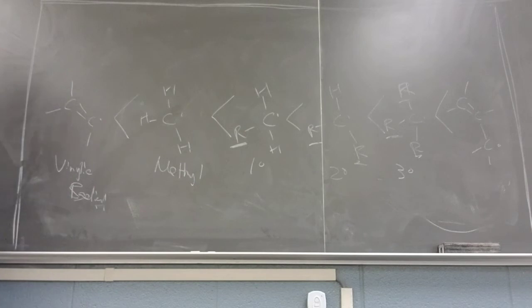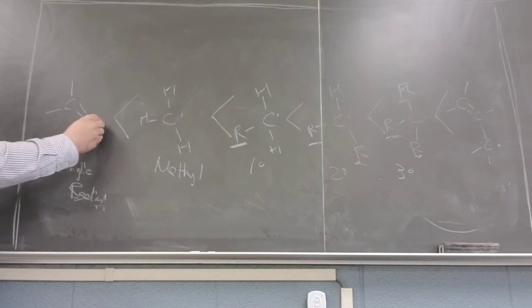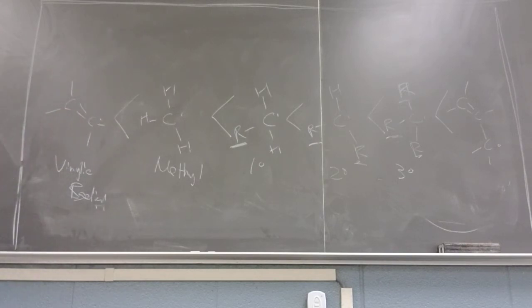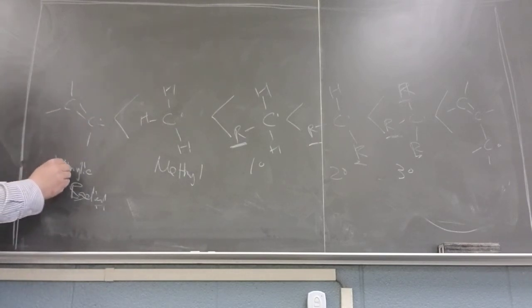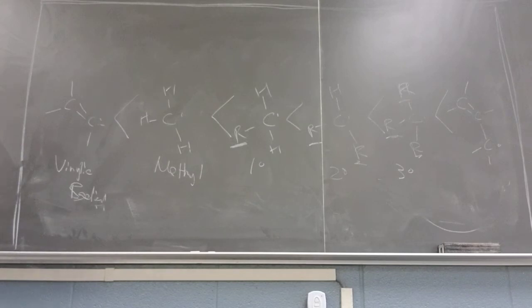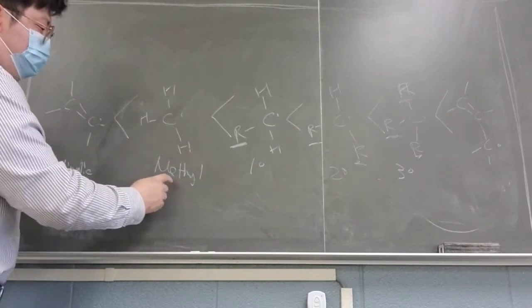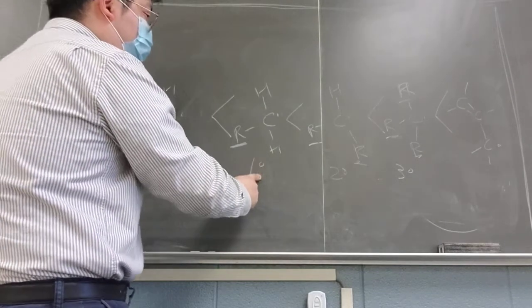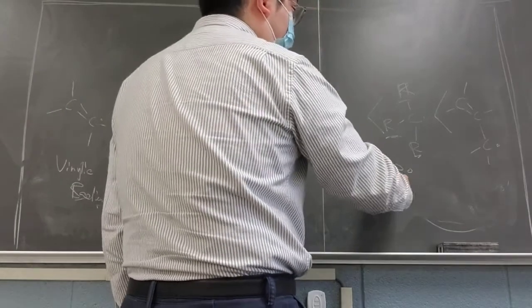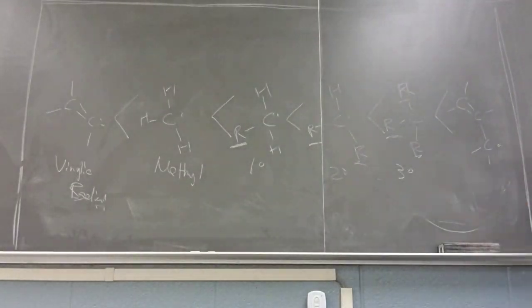So vinylic radical means you have carbons with a double bond, and one carbon in this double bond has a radical form. So it has only one electron in here. We call this a vinylic radical here, and this is a methyl radical. Primary, secondary, tertiary. This is a kind of tricky one.